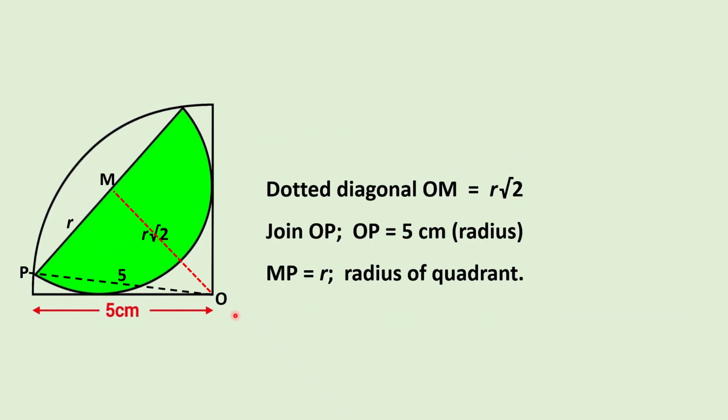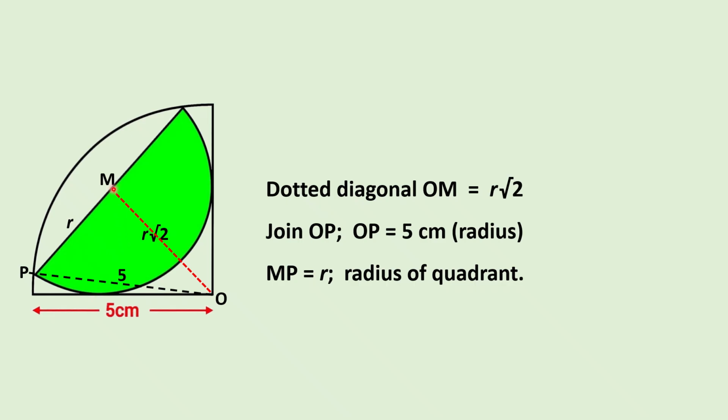Now we join OP. O is the center of the quadrant and P is a point on the circumference of the quadrant. So OP, the black dotted line, is the radius of the quadrant, that is 5 centimeters.